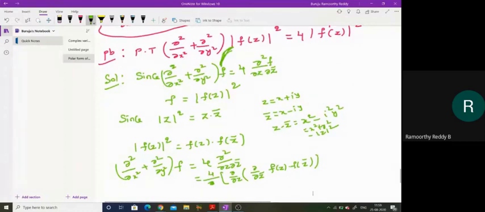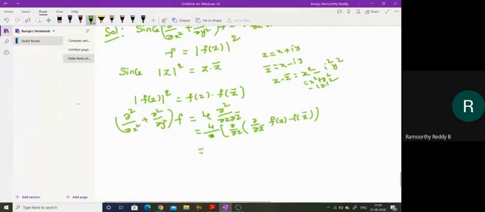So which is equal to 4 into ∂/∂z of, with respect to z conjugate we are differentiating, f(z) is outside, so it is f dash of z conjugate into f(z).